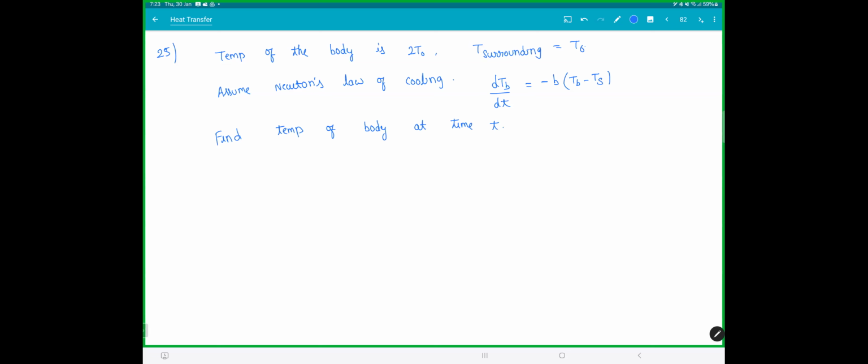Let's get this. Just one integration. Get it? Initially your temperature is 2T naught and outside is T naught. So eventually you will reach T naught there.